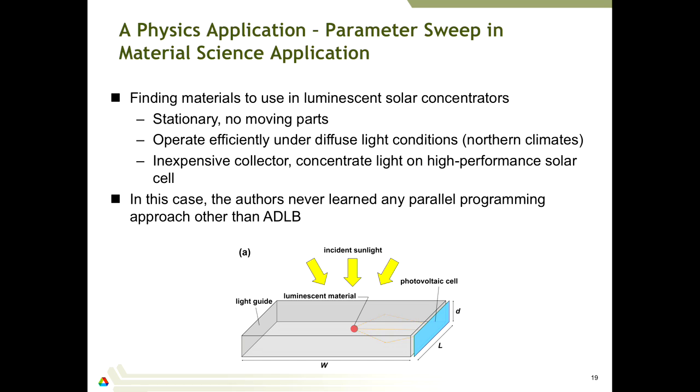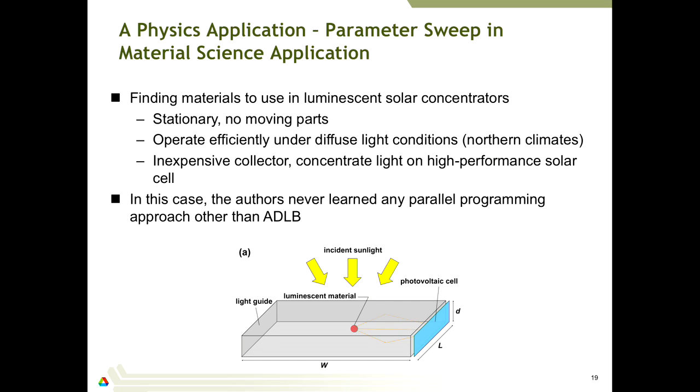I just mentioned this application from some guys I know over in our physics division. They work on material science. They do a parameter sweep to try to find properties of a certain material. What the physics is not too important.